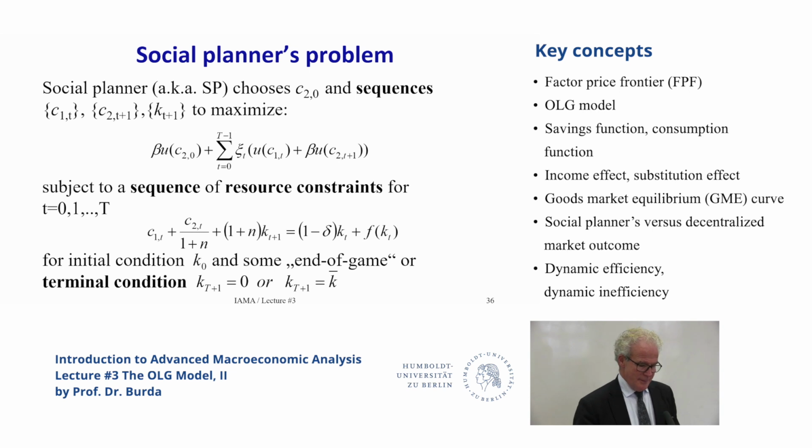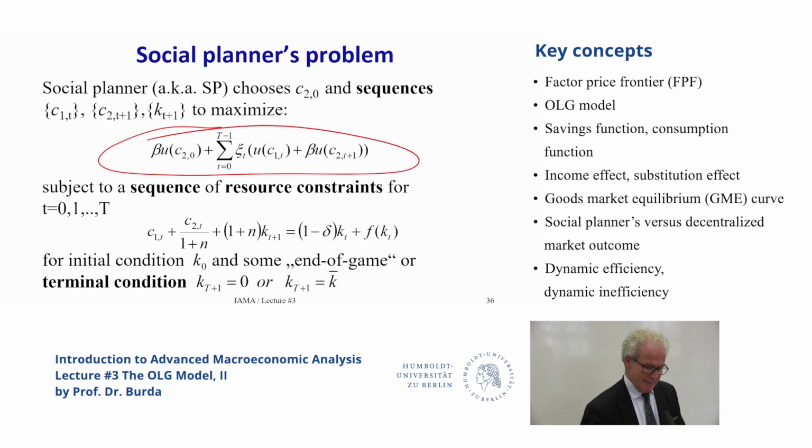So this one is simply a weighted average, and again, I'm putting a finite T, so I'm going to be generous to this social planner. There is an end of the world, capital T. So we're summing up these T generations from 0 to capital T minus 1, and each generation has utility of U of C1t plus beta times U of C2,t+1.